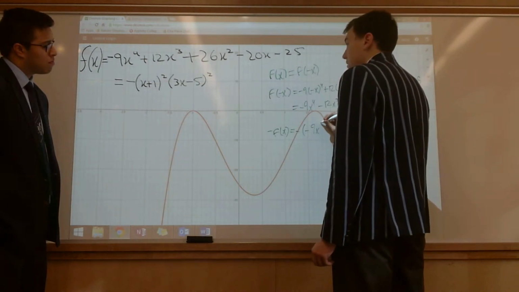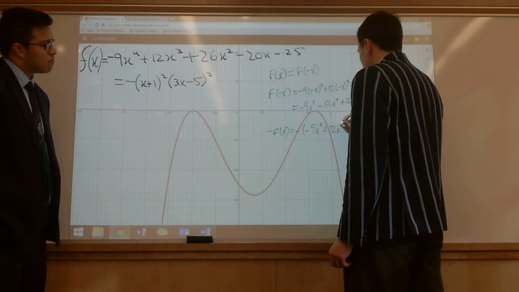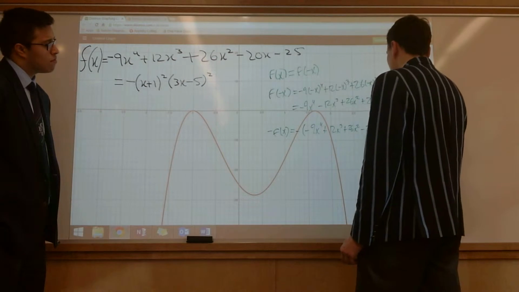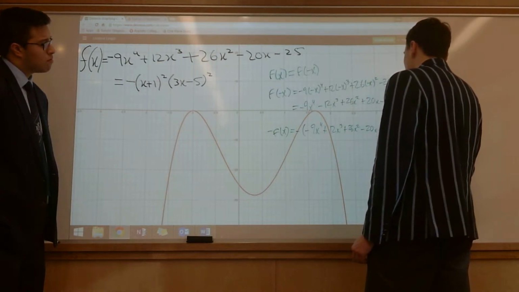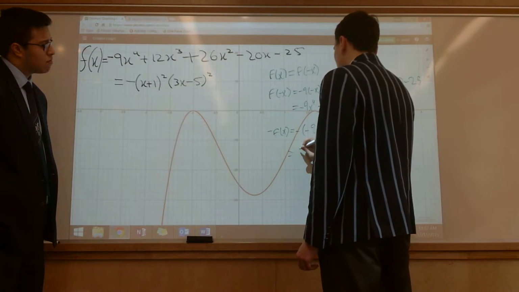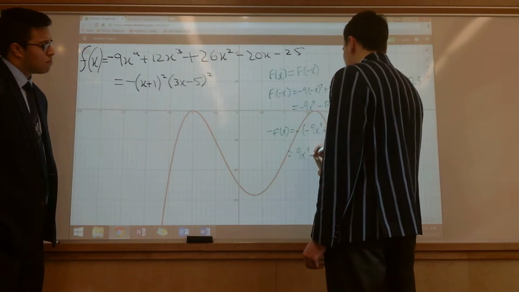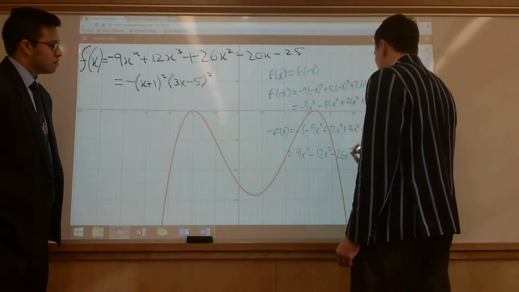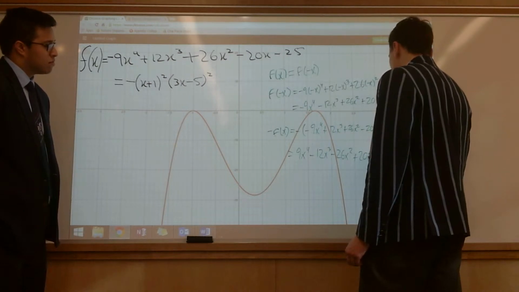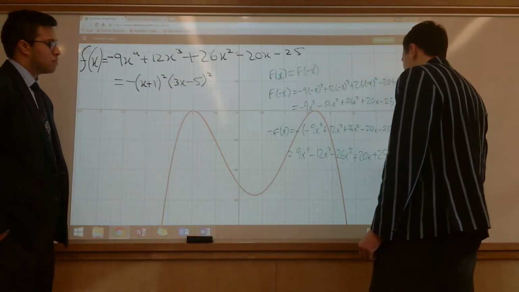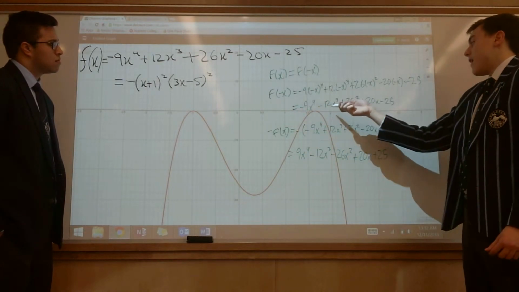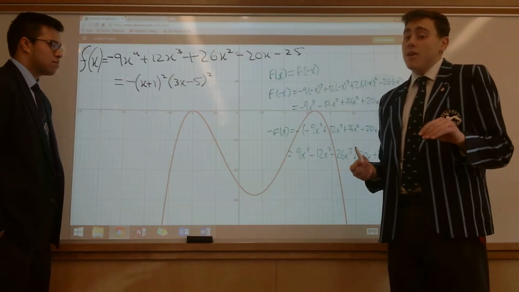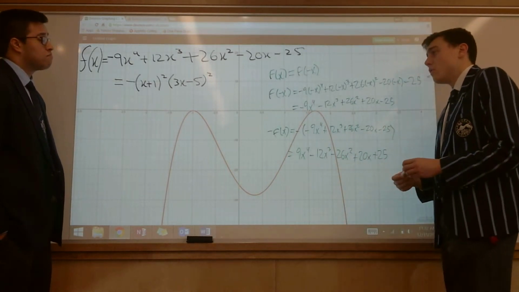So negative (negative 9x to the fourth plus 12x cubed plus 26x squared minus 20x minus 25), which is going to equal 9x to the fourth minus 12x cubed minus 26x squared plus 20x plus 25. So as you can see, f of negative x does not equal negative f of x, so therefore this function does not have even or odd symmetry. On to you for intercepts, Basil.